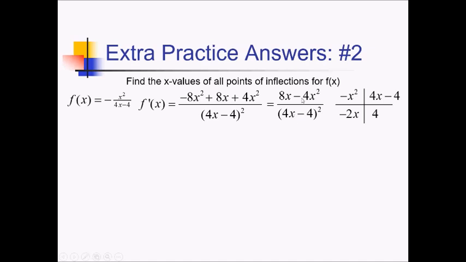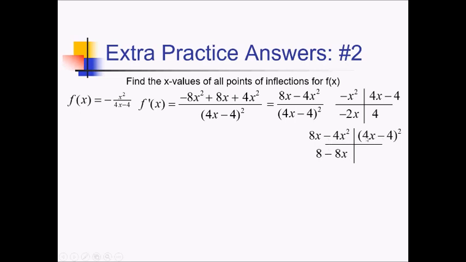Now to get the second derivative, I'm going to go ahead and use another quotient rule. So box and ribbon time again. This time I've got 8x minus 4x squared as my numerator, and 4x minus 4 quantity squared as the denominator. So for my derivative this time around, for my u prime down here, I've got 8 minus 8x.